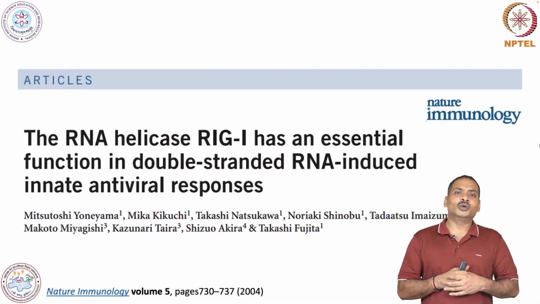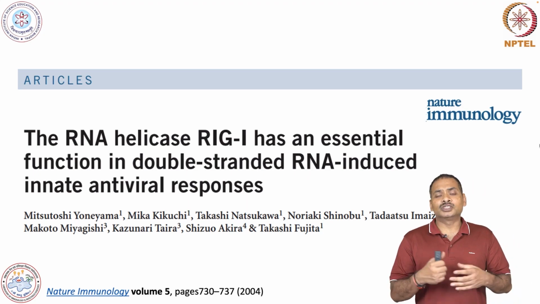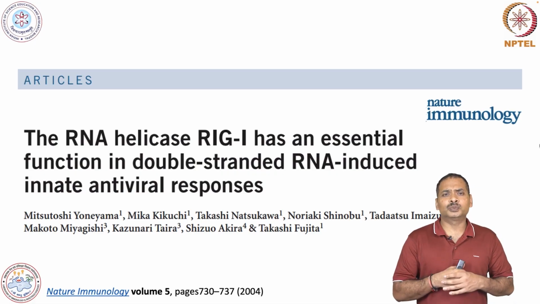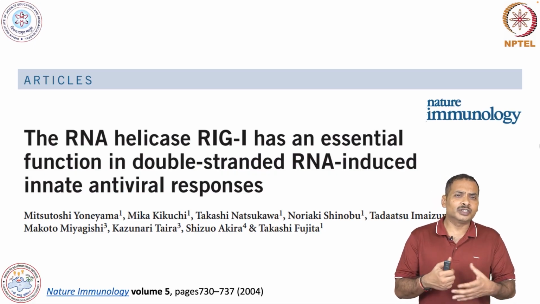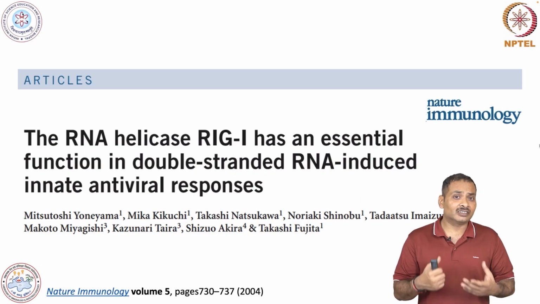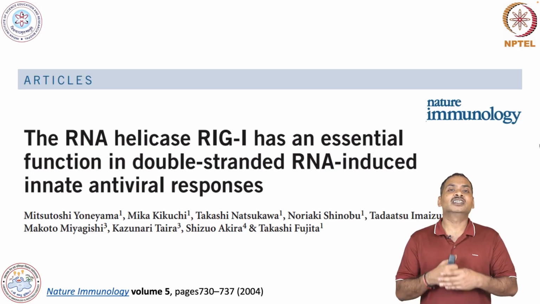This is the original paper. If you see this paper, it was published in 2004, okay, in Nature Immunology, and this was the first report or discovery paper for the identification and characterization of the cytosolic sensor, that is RIG-I.